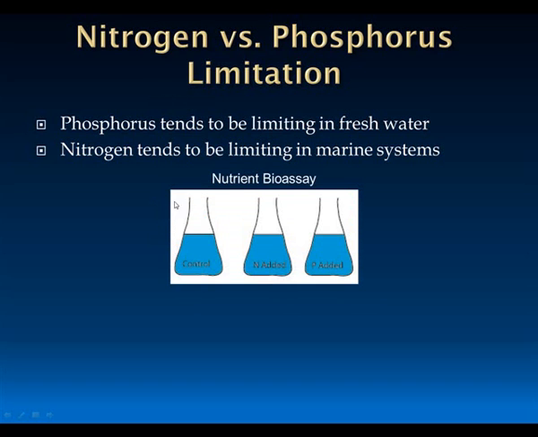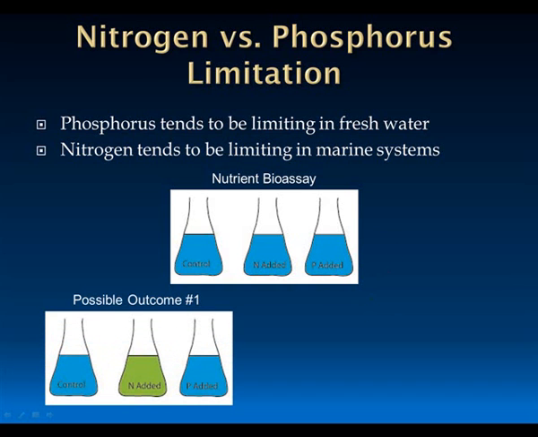but we can figure this out with a nutrient bioassay. And so if we take water from a lake or a stream that we're interested in, and then we have a control, and then we add nitrogen to one and phosphorus to another, one possible outcome is that you get increased algae growth in the bottle that has the nitrogen added.